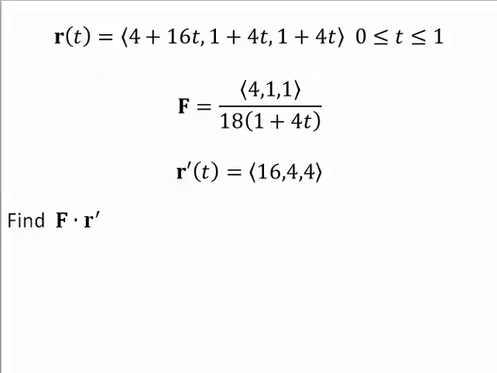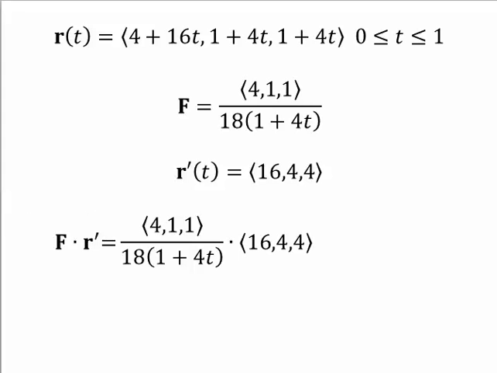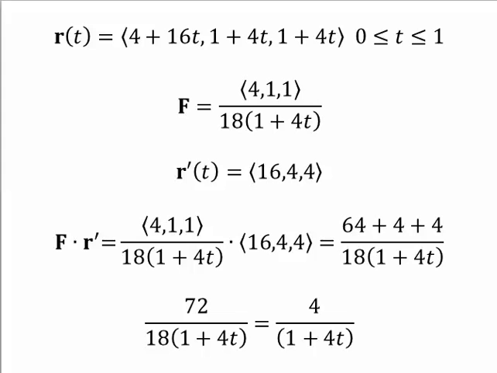All right, so we have our parameterization, we have F, and we have the velocity. Let's find F dot R prime. F dot R prime, we set it up, and then find the dot product, and then just clean it up. And we get 4 over 1 plus 4t.